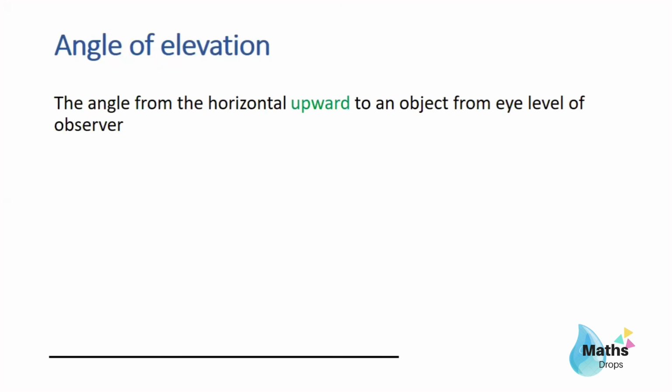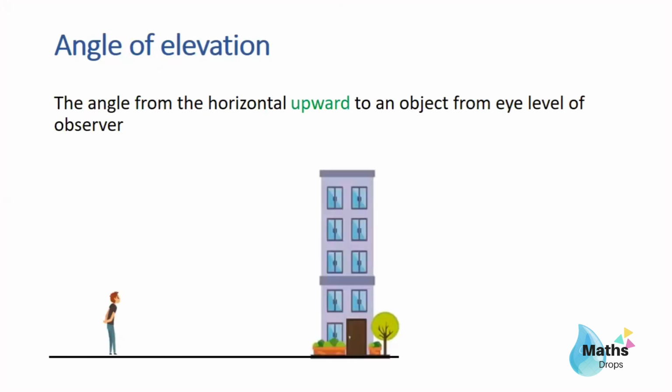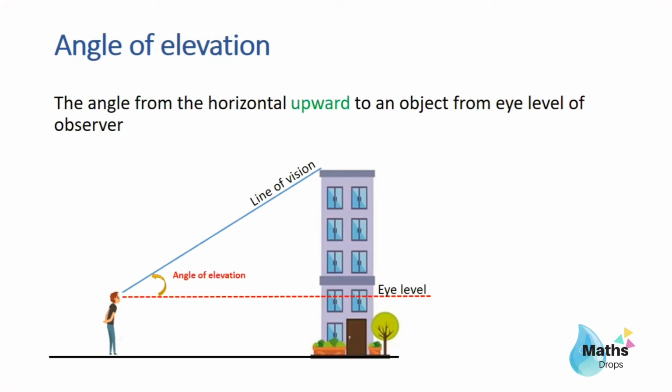There's a flat surface, a man looking at the top of a building, the red line represents the eye level and the blue line represents the line of vision. The angle between the eye level and the line of vision is called the angle of elevation. Now you can easily understand the angle of elevation.